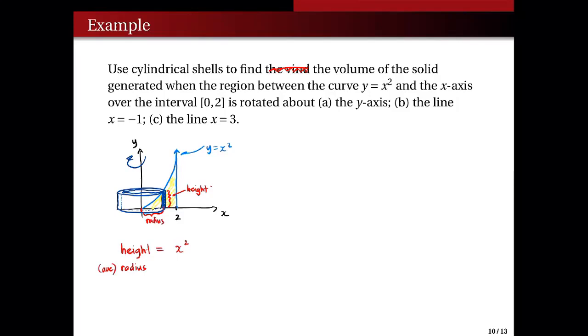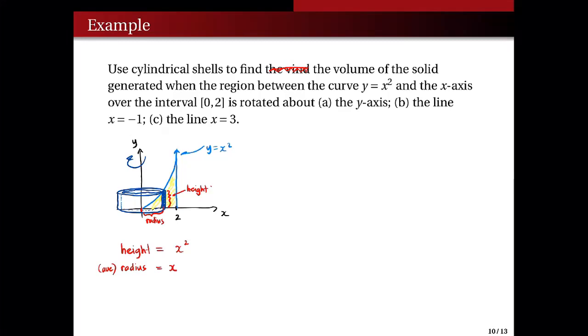Since the axis of revolution is your y-axis, this is just x in here. Of course, the thickness is just your delta x, or the dx when we turn it to definite integral.